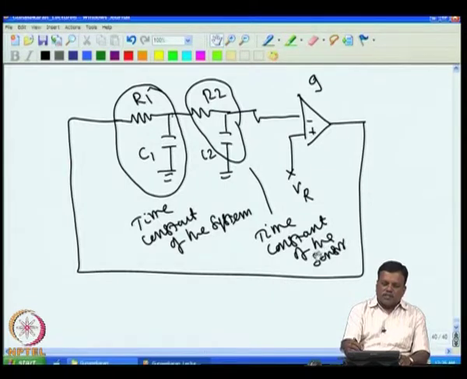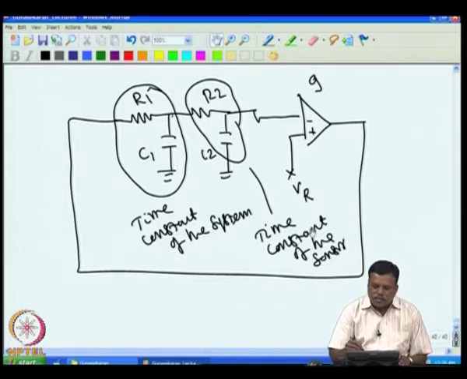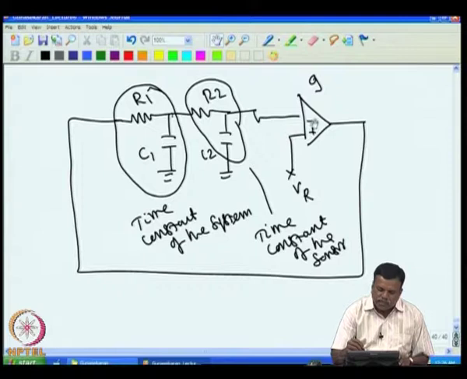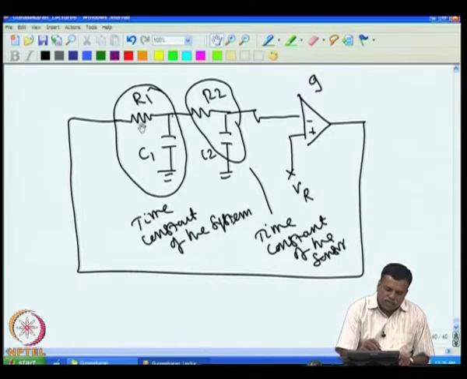That means we got a phase shift of 360 degrees, which is one condition required for an oscillator to work. Another condition for the system to oscillate is that the loop gain should be more than 1. We have given some gain here, but these two are actually acting as attenuators, because if I give some AC signal of some frequency, say 1 volt amplitude, then at this point I will have only a reduced voltage.